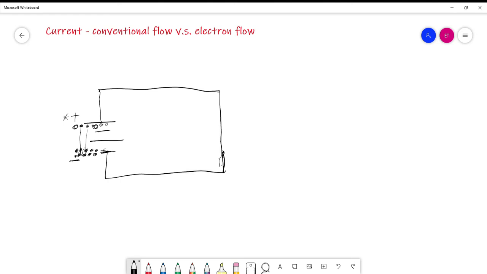Let's look at what's going to happen once you provide a path. Then you'll get current, right? Things will be able to move. That imbalance with extra electrons: the extra electrons are going to want to go around like this, in that direction, back to here.